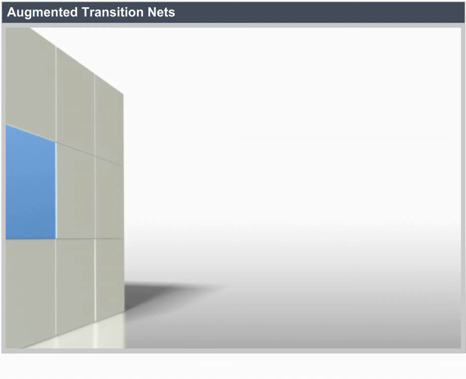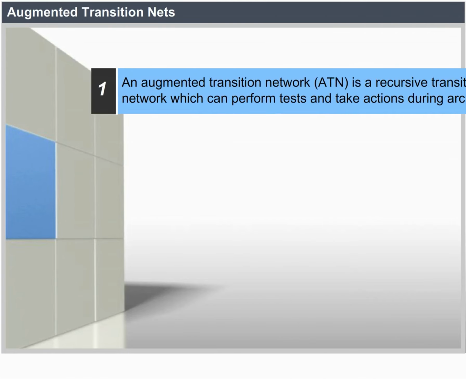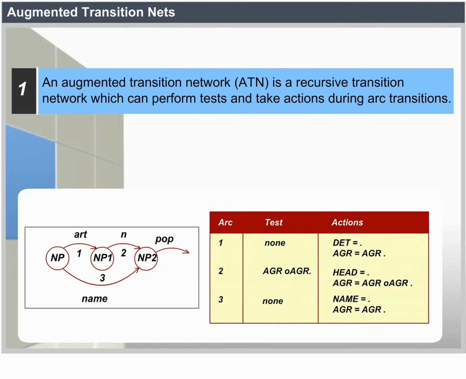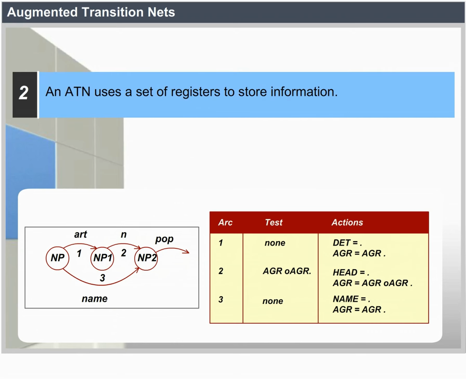Augmented transition nets. An augmented transition network, ATN, is a recursive transition network which can perform tests and can take actions during arc transitions. An ATN uses a set of registers to store information.